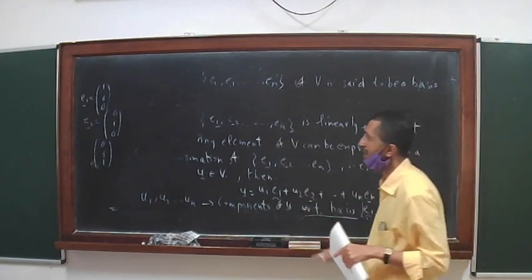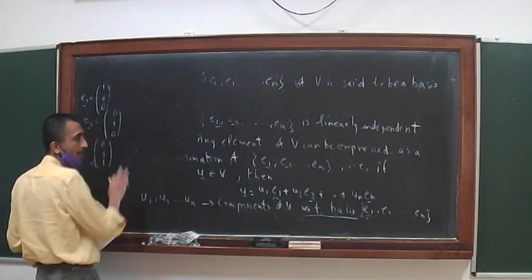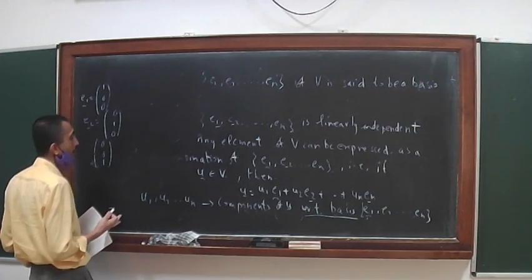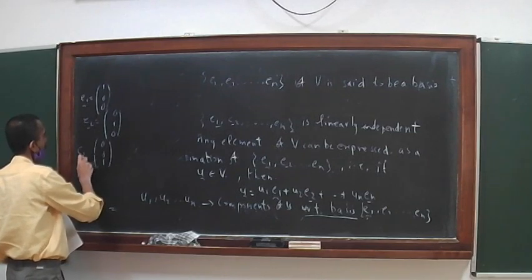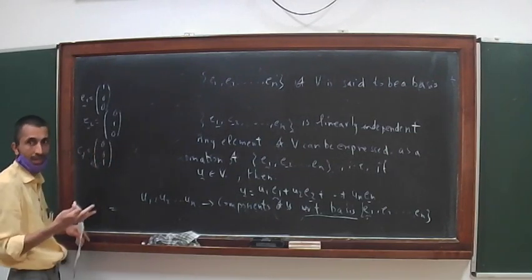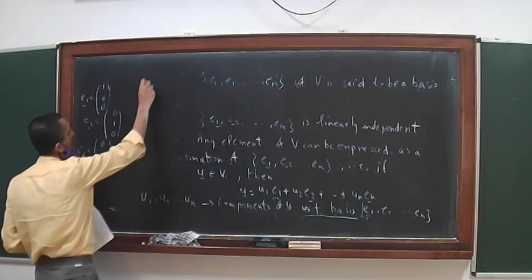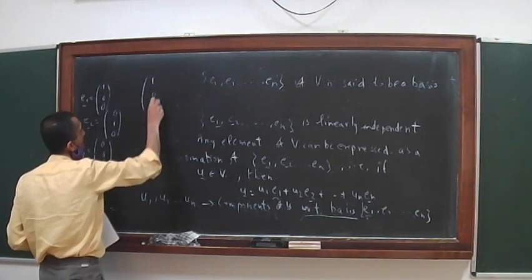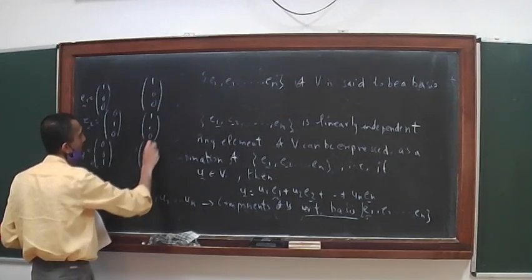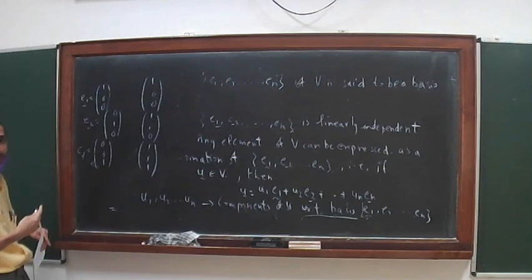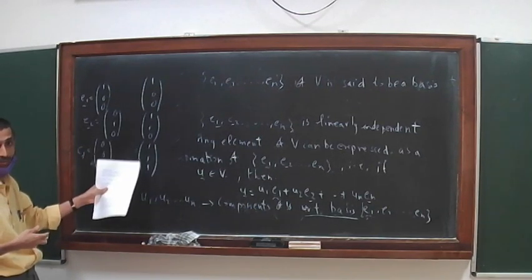If you are not able to understand a certain thing, just think of an appropriate example. Suppose E1, E2, E3 is a basis. Then some vector will have components with respect to this basis. Now I can also take this as my basis: 1, 0, 0; 1, 1, 0; and 1, 1, 1. Because they are linearly independent, and any vector can be expressed in terms of these three vectors.